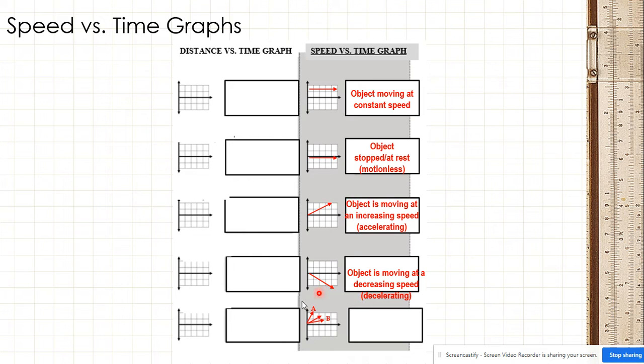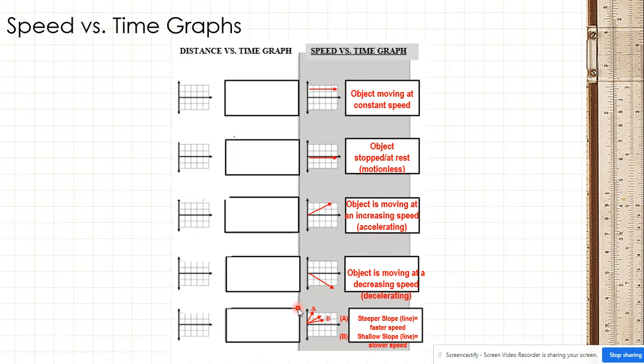And then here you see line A and B. Line A has a steeper slope, which means that it is traveling about the same distance in a lesser amount of time. So it's going about the same distance, but it's taking less time to go that distance.